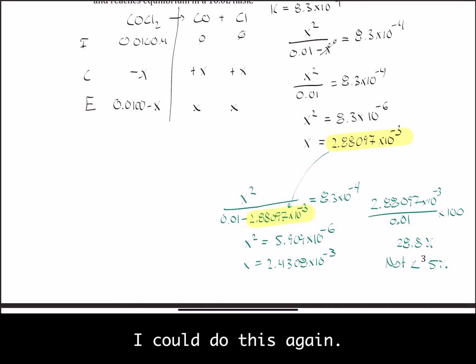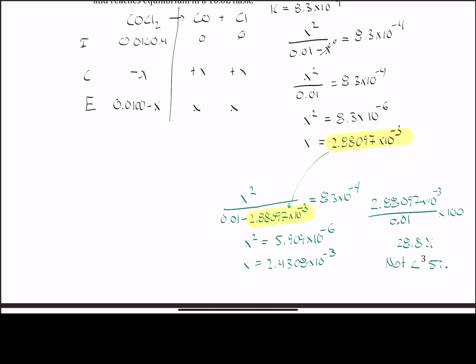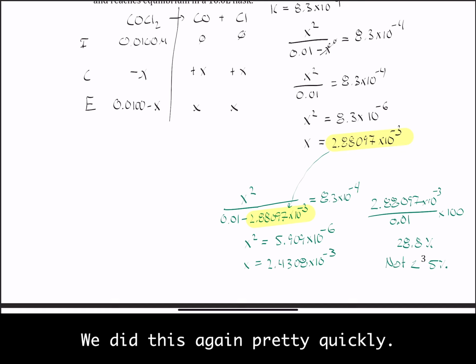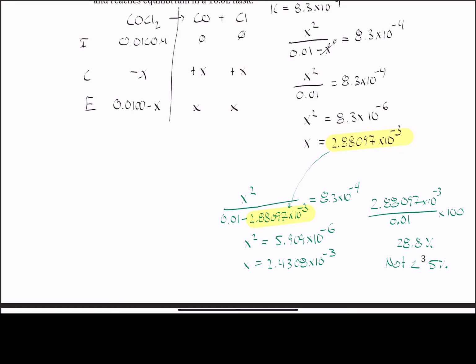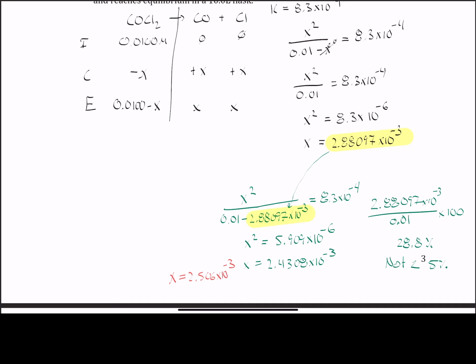We could do this again, and if you're really quick with your calculator, we can do it pretty quickly. Doing this another time gives me 2.506 times 10 to the negative 3.